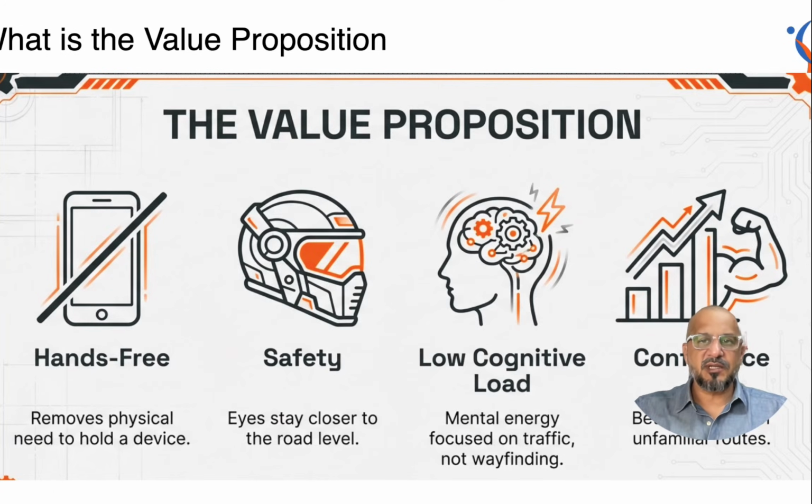So where should the location of the screen be so that it is built for maximum safety? What kind of cognitive load is it going to have, right? So remember, cognitive load is when you have to process information while you're riding. Okay, so there are two things happening at the same time. You're riding your bike, you are told that in the next 200 meters you have to turn right.